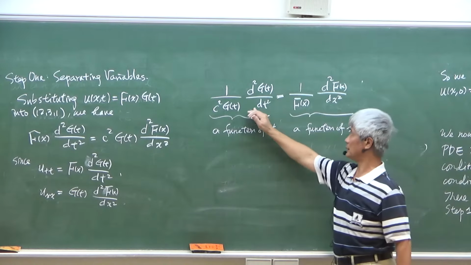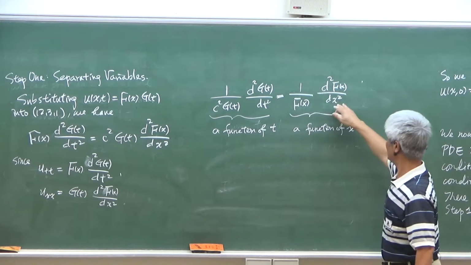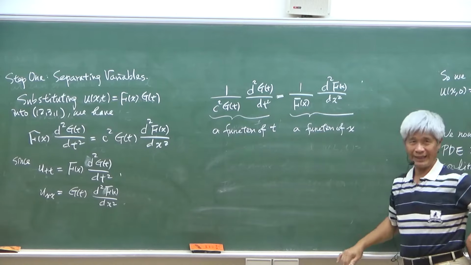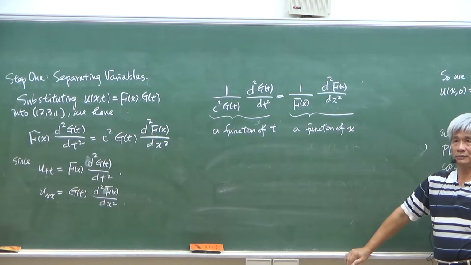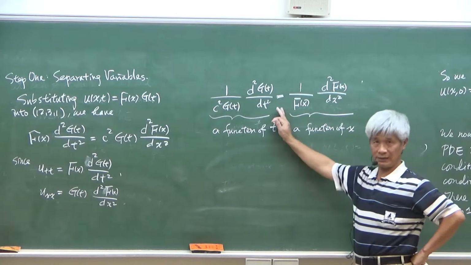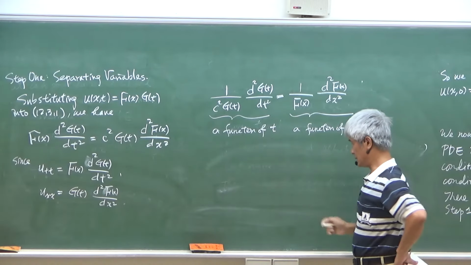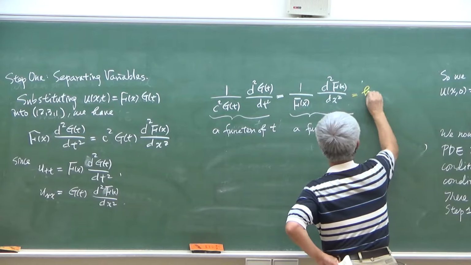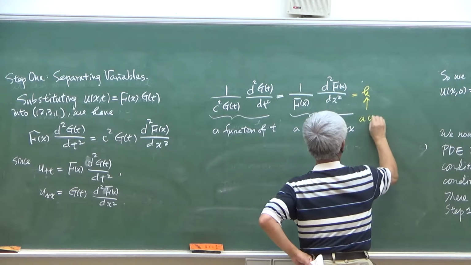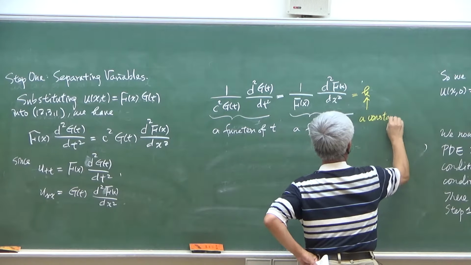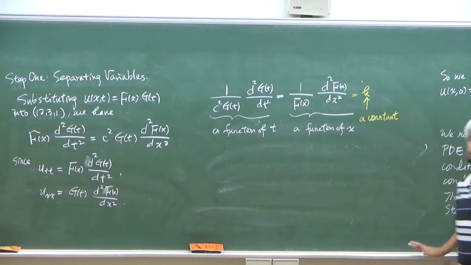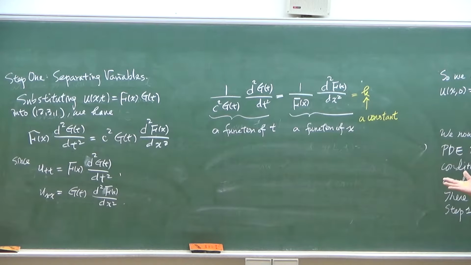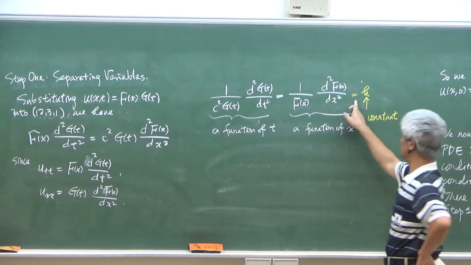Because this depends only on t, and the right-hand side depends only on x. And now you have equality. So this equality must be equal to a constant. Okay? So there is no way to go. So they must be equal to a constant. Okay?